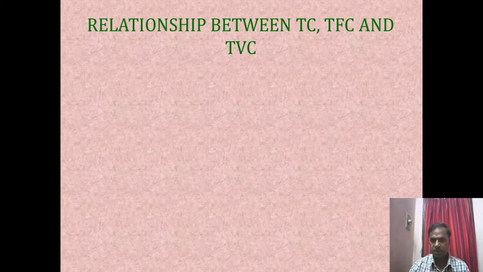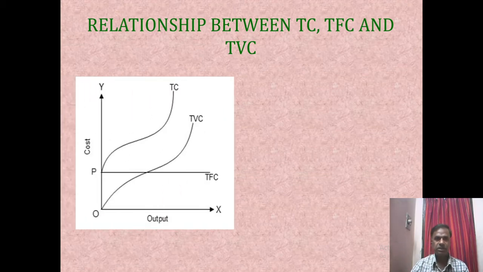And the next one is the relationship between TC, TFC and TVC. TC is the total cost curve, TVC is the total variable cost, and TFC is the total fixed cost curve. This is a diagram which explains the relationship between these three cost curves.